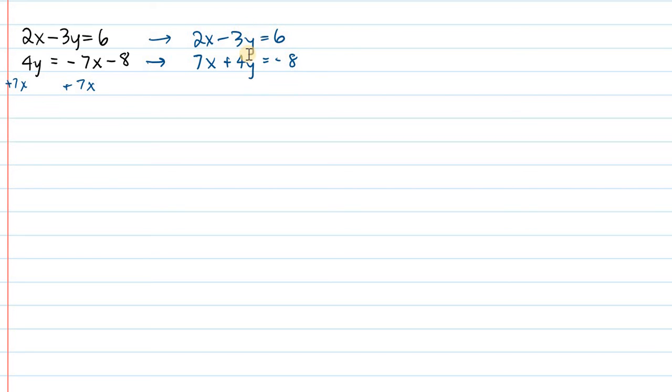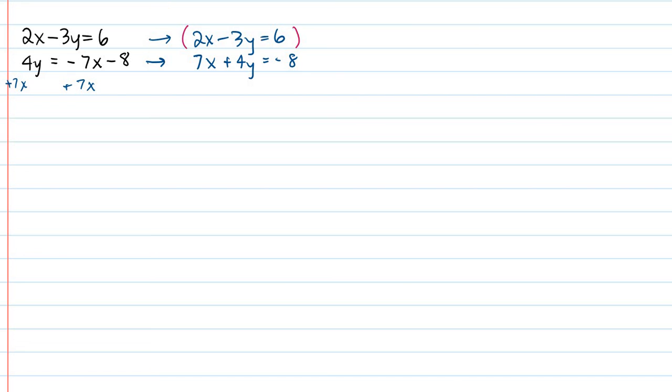Okay? Now, in this case, again, we have a system of equations, and neither the x's nor the y's are going to eliminate. And in order to make something eliminate, I'm going to actually have to multiply both equations. The first thing that pops to mind is that it's going to be easier for me to eliminate the y's, but you could certainly do this with the x's. So I'm going to start by thinking, if I multiply by some number, will it give me another number that allows me to eliminate y's?